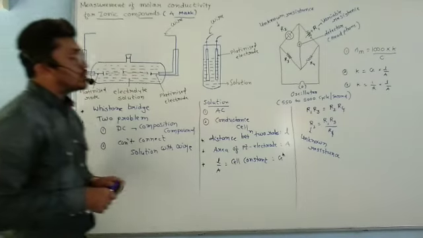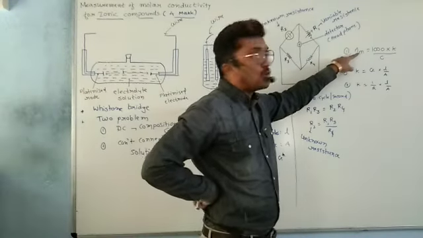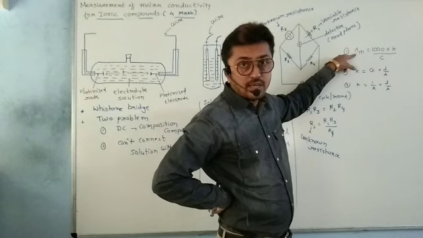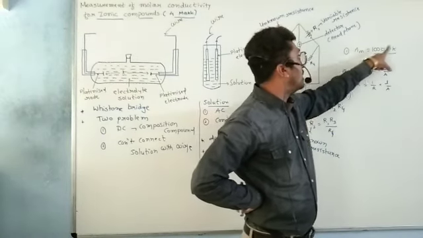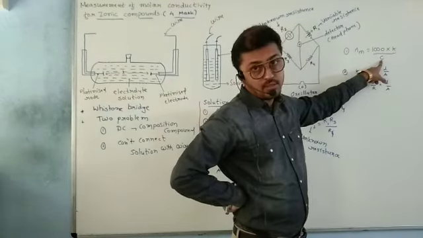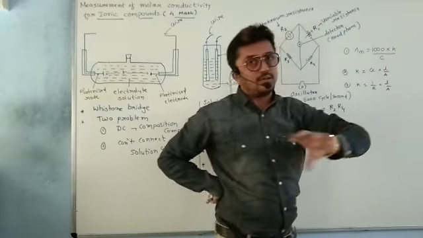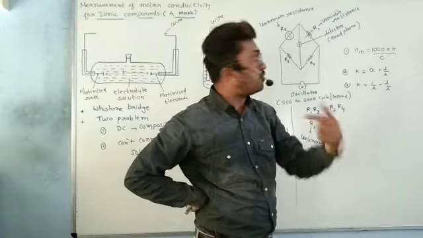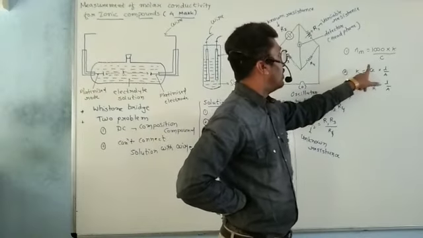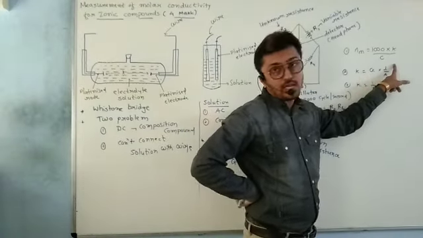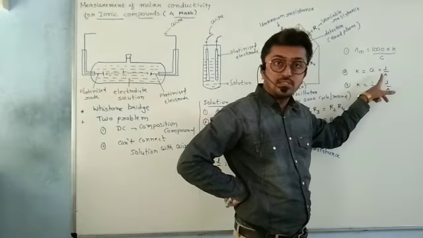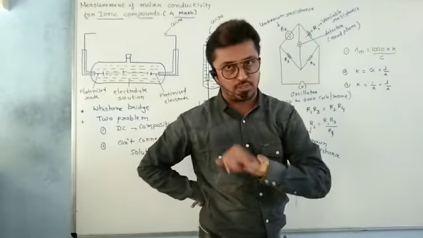If we want to find molar conductivity, the formula is Λm = 1000 × K / C. C is known, it is the concentration, but to find K, we will use G × L/A, conductance into cell constant.